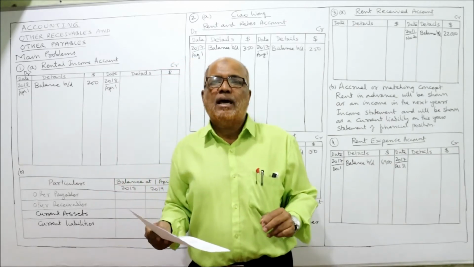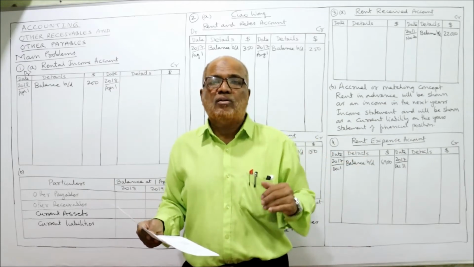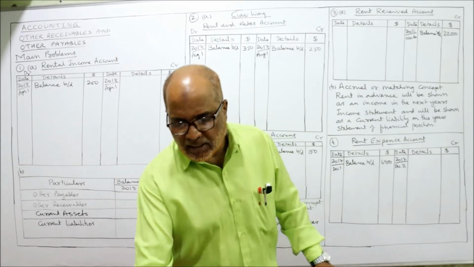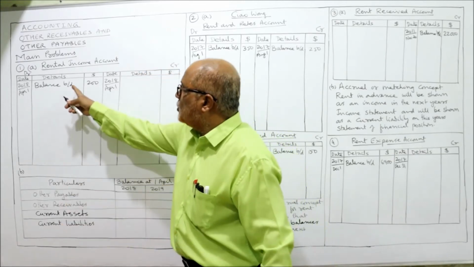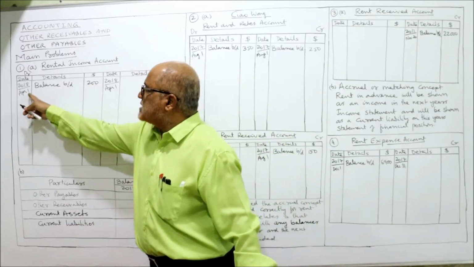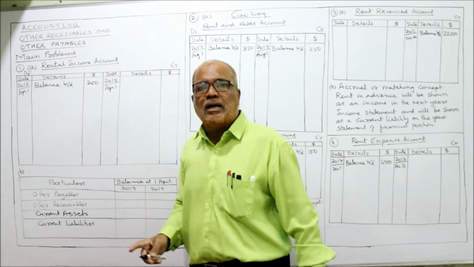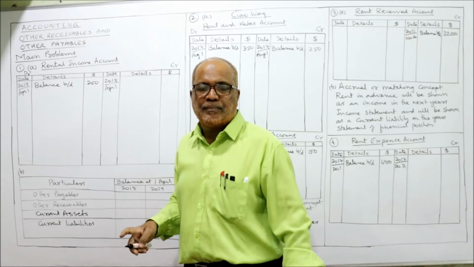So on 1st April, the March rent was due. March rent was receivable. So that's why the debit side balance brought down is $200. On 1st April 2018, balance brought down 200 for 1 month, March month, right?